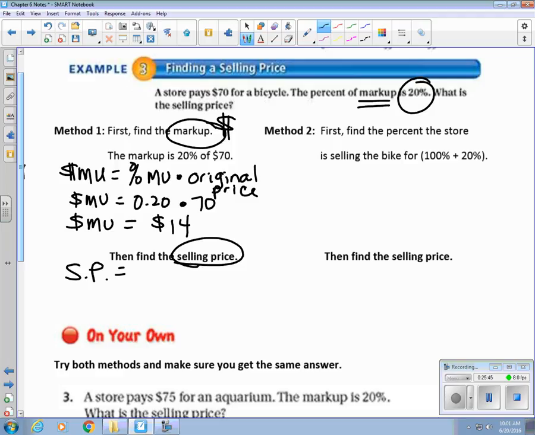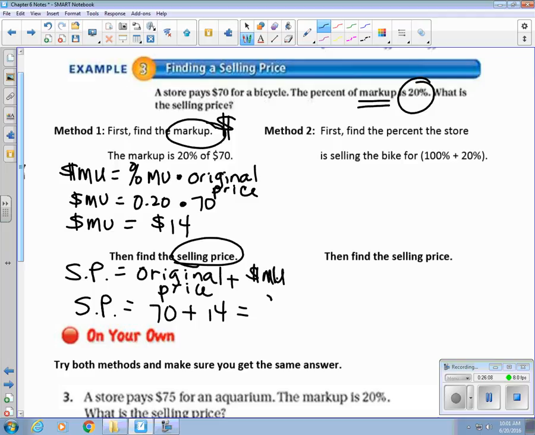The selling price is equal to the original price plus the dollar markup that we just calculated. The original price was $70, so the selling price is equal to 70 plus the $14 that we're going to add to it. That's the profit. And the total selling price would be $84.